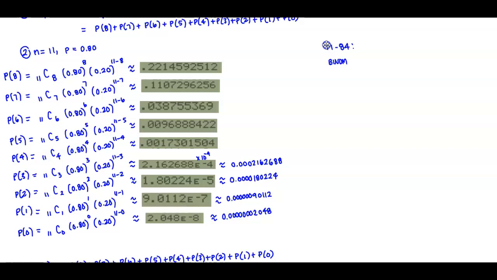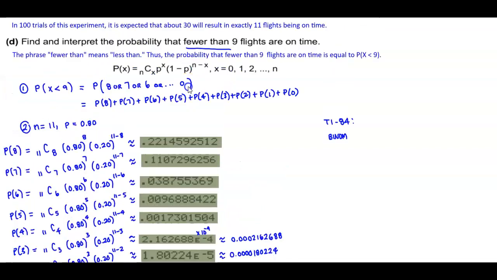Now in this case, since we are looking for fewer than 9, that means we're going to use C, that's cumulative. So binomial CDF, and then we're using n, the probability, and then x. We know the number of trials is 11.